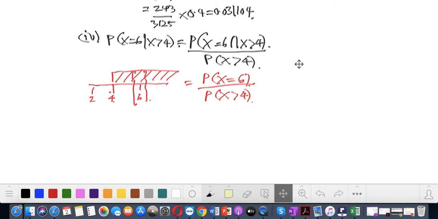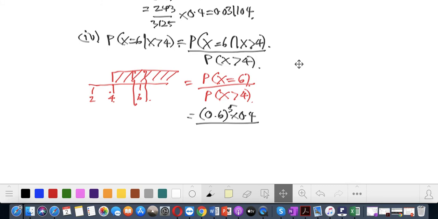So let's do that. We already have some values for this, or most of them. X equals 6: you already know it is 0.6 to the power of 5 multiplied by 0.4, and this is divided by x is greater than 4, meaning there's no hit. The first hit is 5.